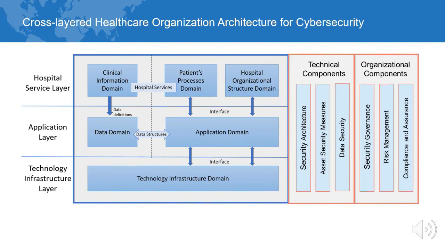In terms of organizational components, in relation to security governance, a clear definition of goals and responsibilities related to security is needed, so the hospital service layer is aligned to the technical layers. Moreover, security policies should be established to govern the behavior of health workers, and also for setting security training and awareness programs.